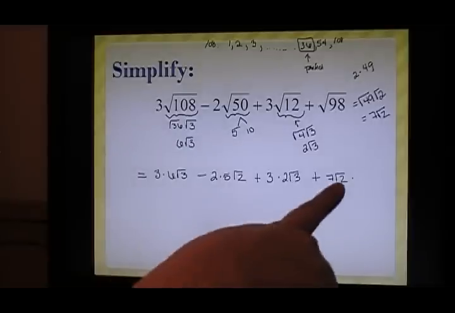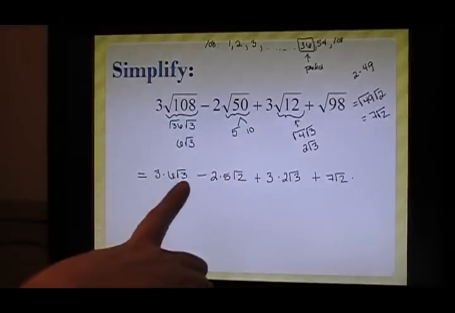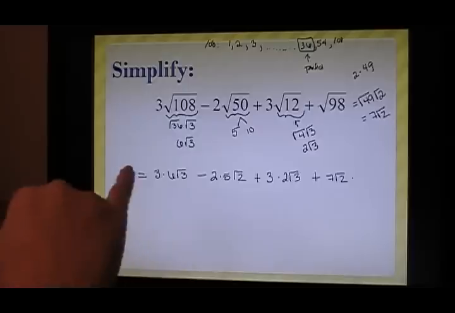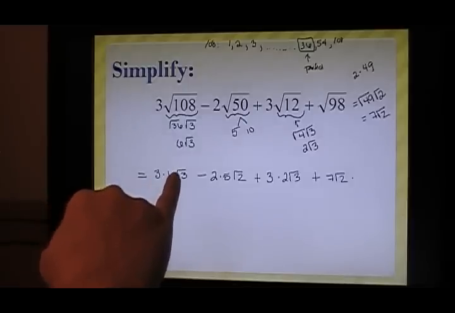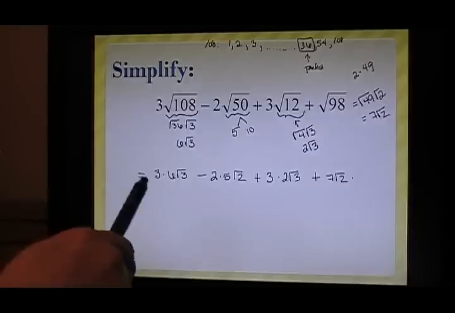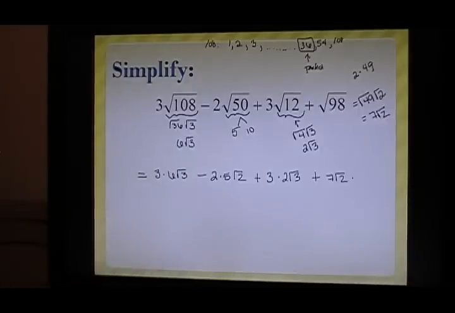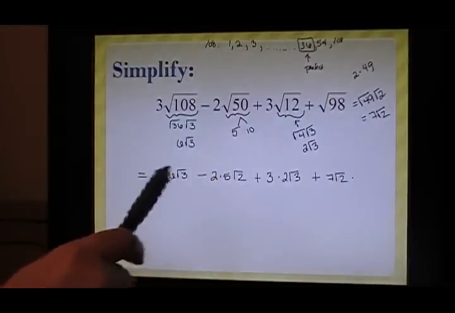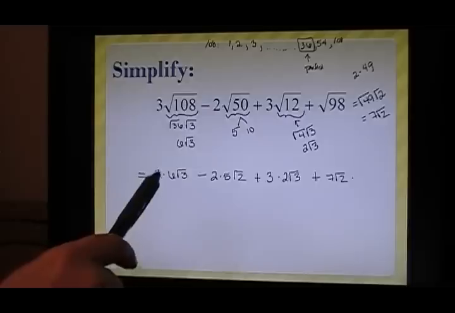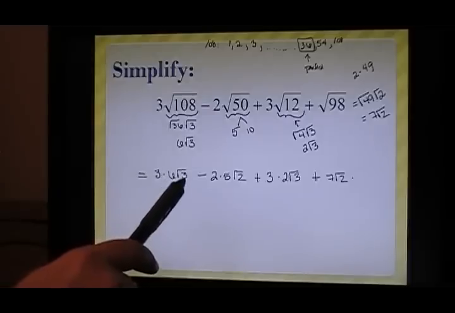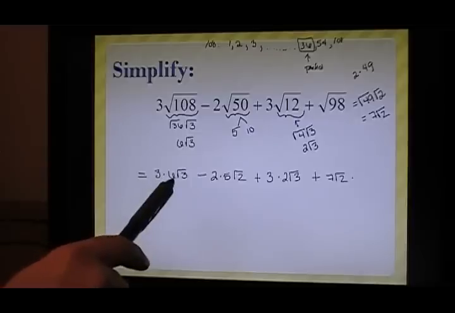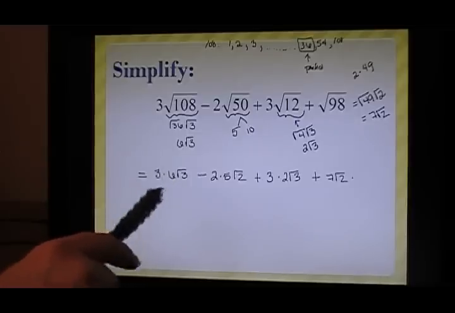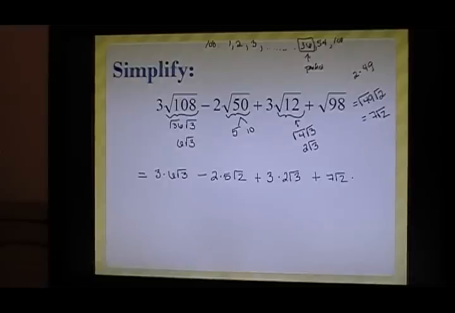Okay, so now putting all of this together, the 3 times 6 root 3, I'm just going to multiply. This is 3 times 6 times root 3, which is really multiplication of 3 factors. What we know about multiplication is that it is both commutative and associative. So using the associativity property, I can group the 3 and the 6 first, and for simplification purposes, I want to do that.